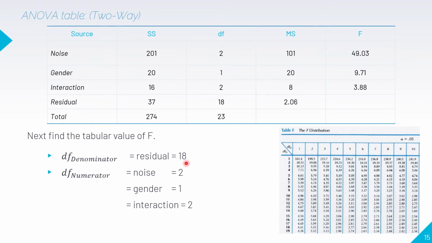So we have 3 table F values to find since we have 3 F ratios. For 2 and 18, we have 3.55. For 1 and 18, we have 4.41. And this one, same as noise, 2 and 18, 3.55.